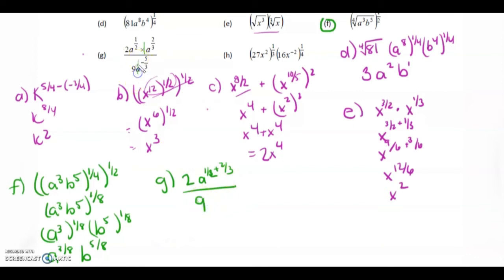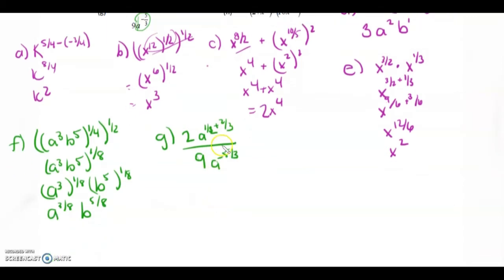When we have a to a negative exponent, I'm going to leave that one. I'll use it with division. Okay, so 1/2 plus 2/3 is 7 over 6. So we have 2a to the 7 over 6 over 9a to the negative 5 over 3.